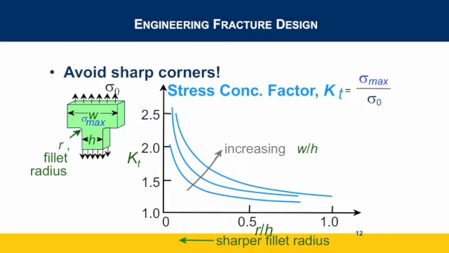Okay, so when we build materials, we want to follow these rules. If we have a defect or a void, it has a length of A, and we want to increase the curvature on the edges of that void. We see that in a lot of braces and brackets that are made for building and for other uses. Right here, there is a curve on the edge of this material.